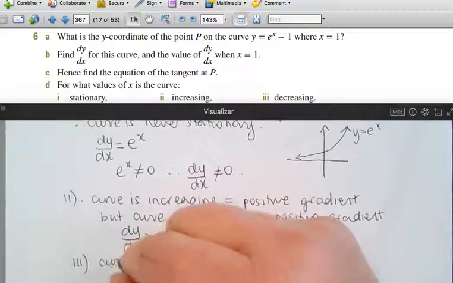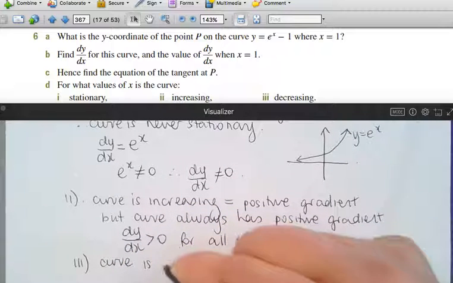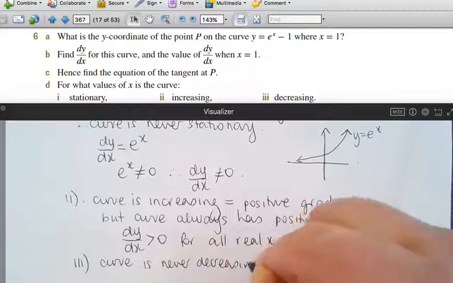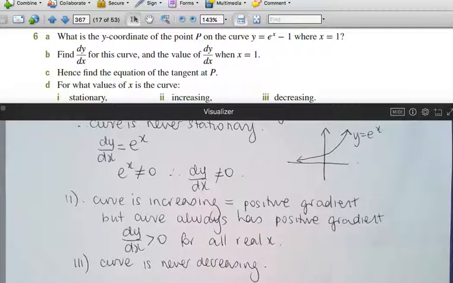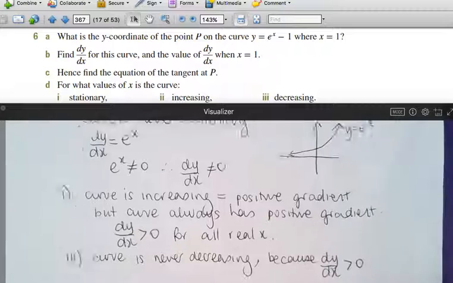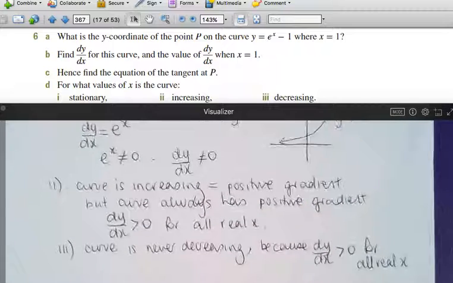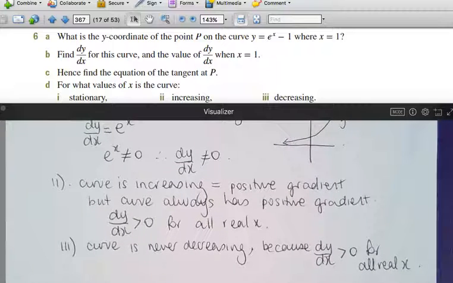And when is the curve decreasing? The curve is never decreasing, because dy dx, the gradient, is always greater than 0 for all real x. It's asking, when does this curve have a negative gradient?